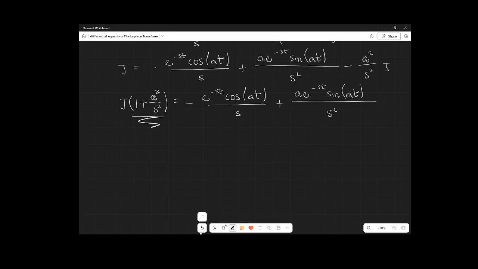Dividing through by this term and factoring the e to the negative st over s ends up giving us this expression here for j.